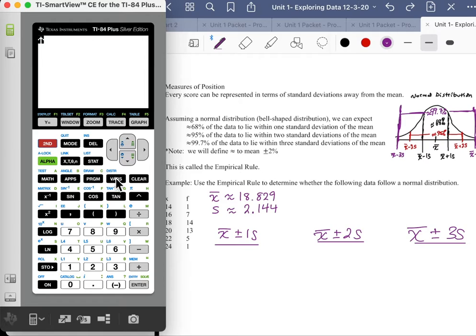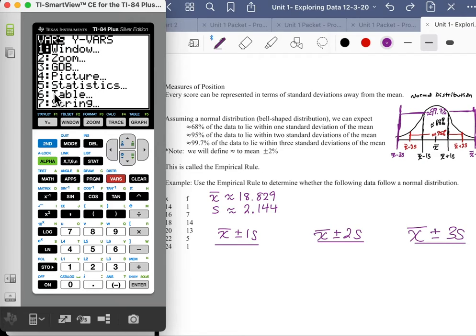So second, oh, sorry, not second. Forget I said that. Just vars, option 5. All right. Vars option 5 will give you the notation X bar and SX.